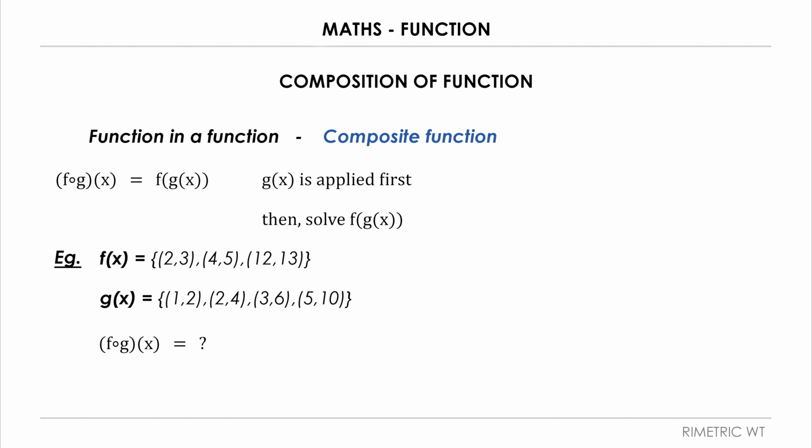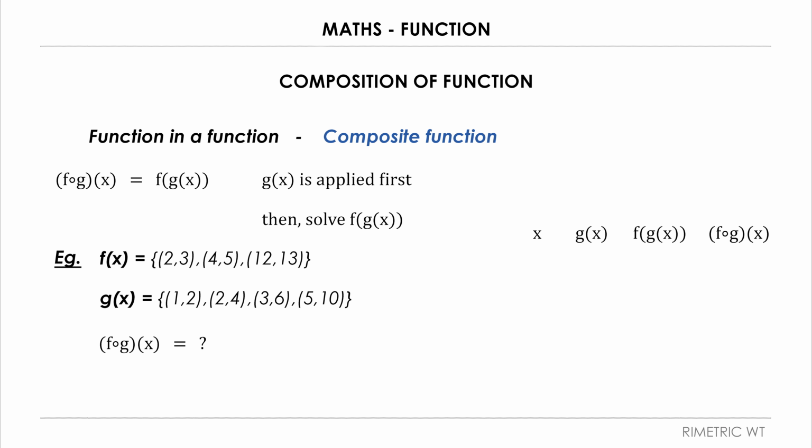If the output of g of x is an input value of f, we can apply f to that value. The resulting output will be the value of f of g of x. However, if the output of g of x is not included among the input values of f, then f of g of x is undefined for that particular value of x.